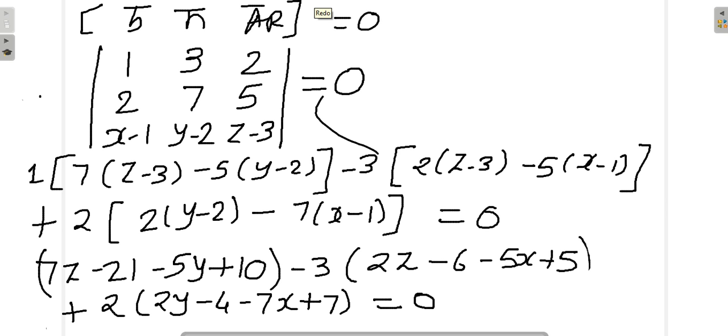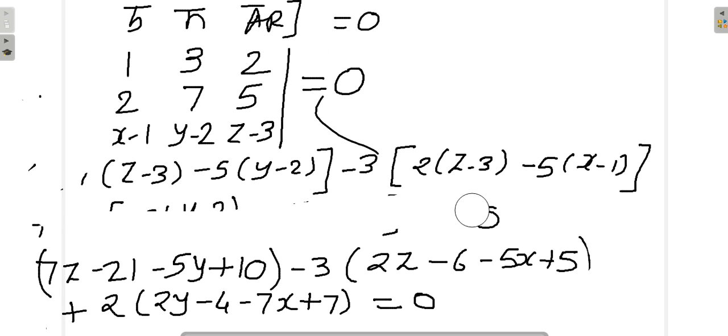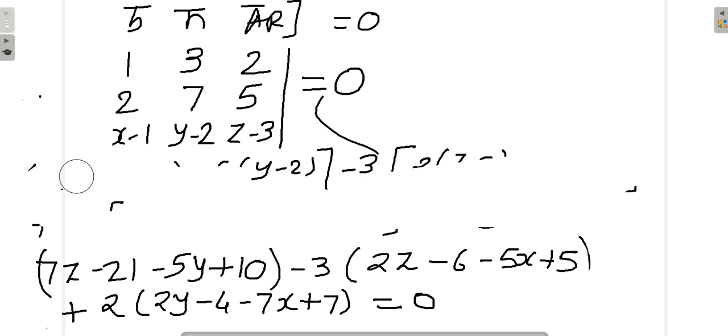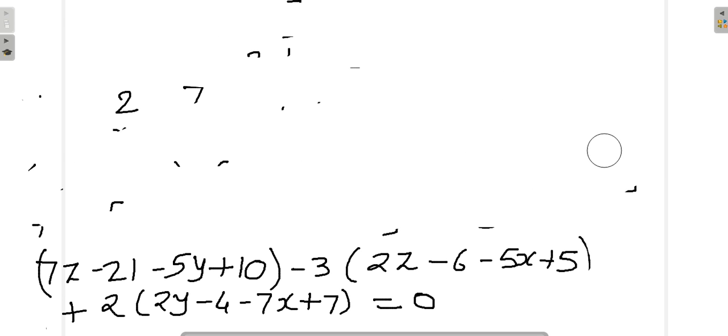So I think I got a mistake here. I think you should be able to get the answer now. You understood the method, that is more important.